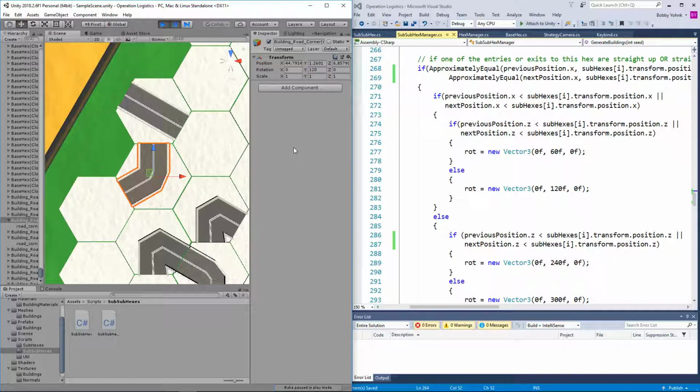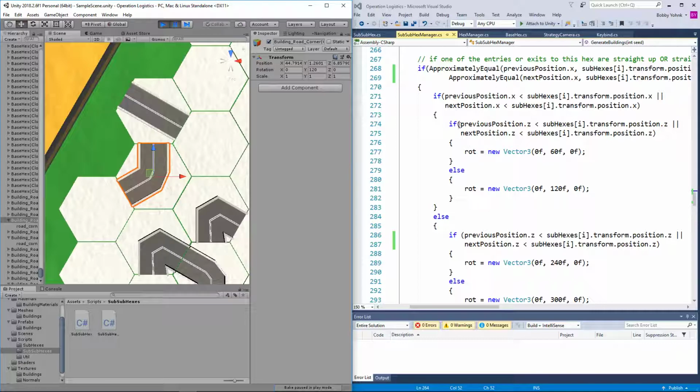If we're coming in from the top or the bottom. I don't think we actually determine that here. So if previous position.z is less than subHexes[i].transform.position.z. So if we are down here, however, that'll also return true if this tile is in play. That's the problem.